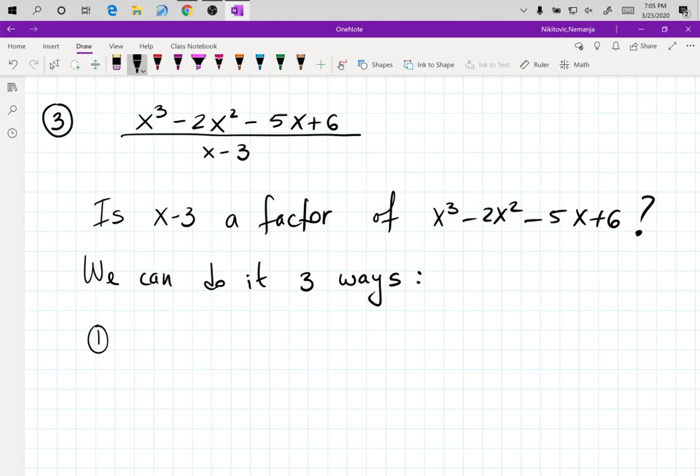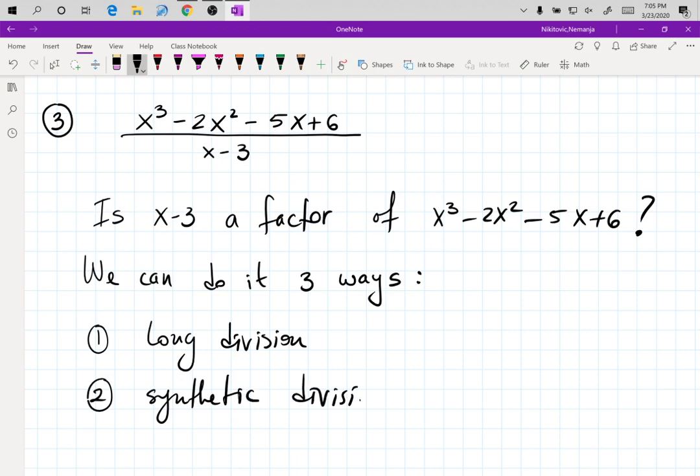Way number 1, long division. Way number 2, synthetic division. If you use either of these two methods, you are looking for 0 remainder.